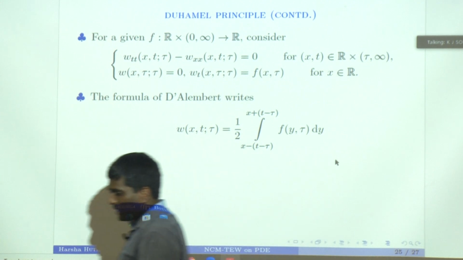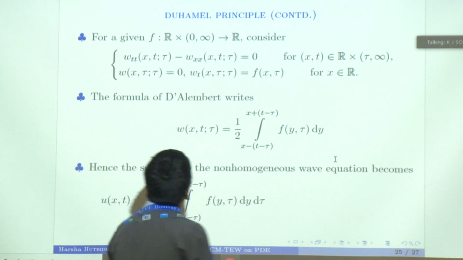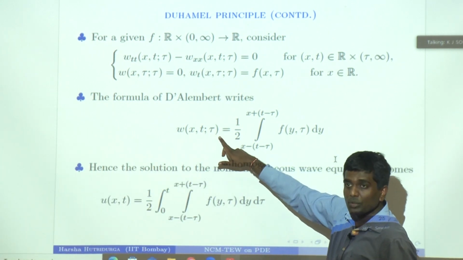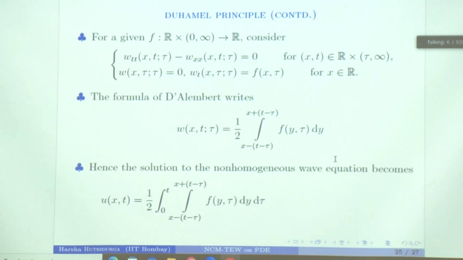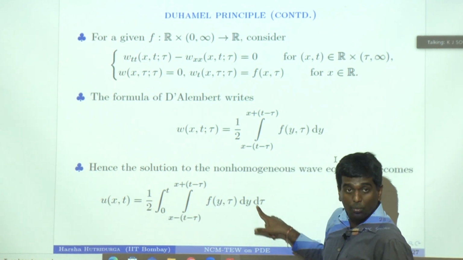And then you can, because now once you have got an expression for w, the recipe is you have to simply integrate from 0 to t in the tau variable to get u. So you get u of x, t as integration from 0 to t in the tau variable.